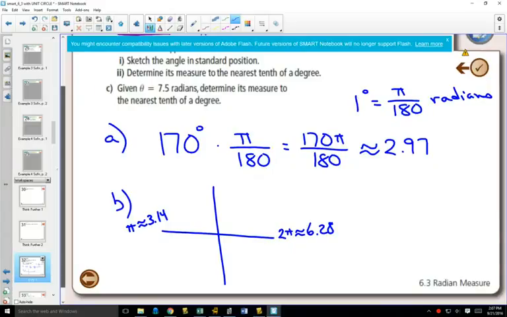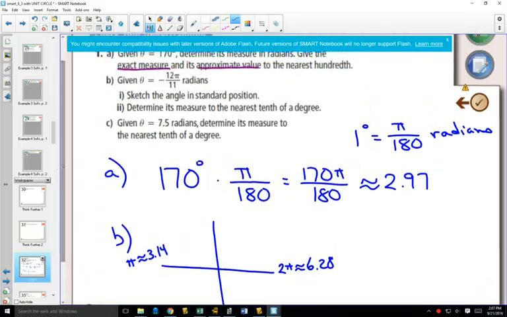We want to go negative 12 pi over 11. Can you see that that's a little bit more than 1 pi? Because 12 over 11 is a little bit more than 1. In fact, it's sometimes nice to write the fraction in front and pi at the end, so you can think in terms of pi.